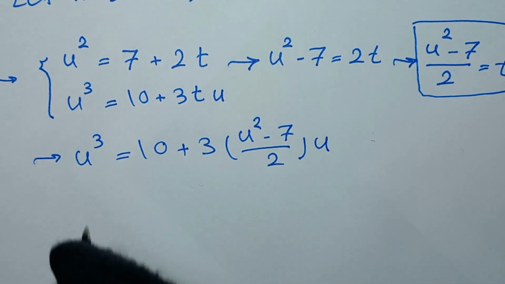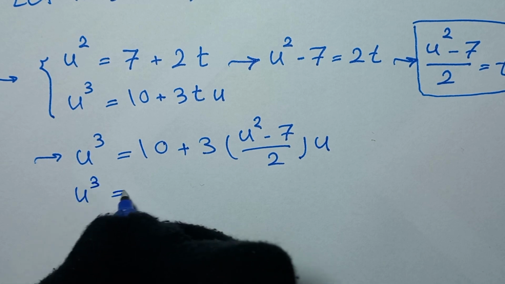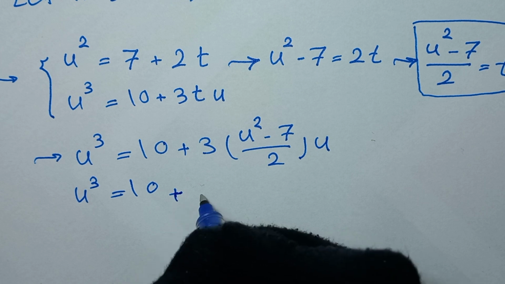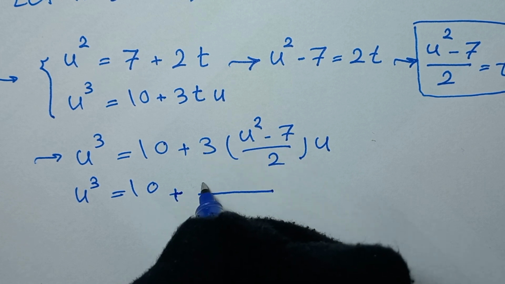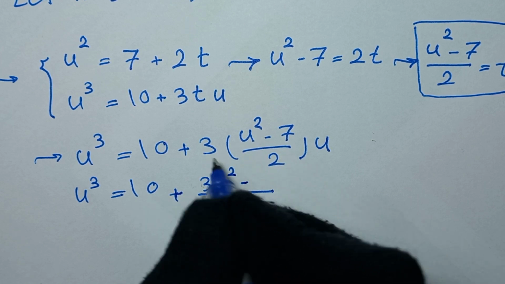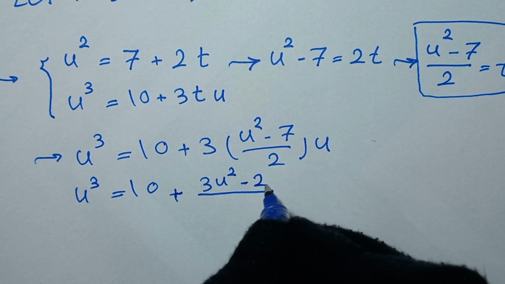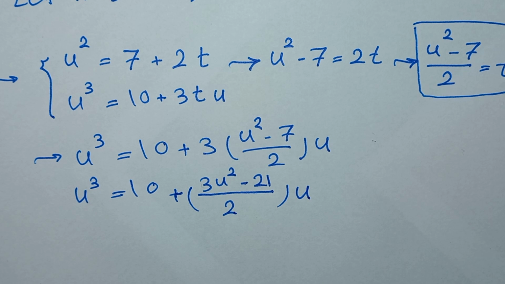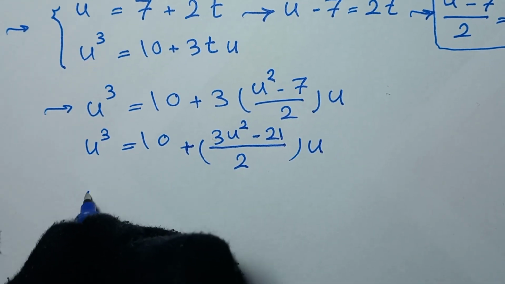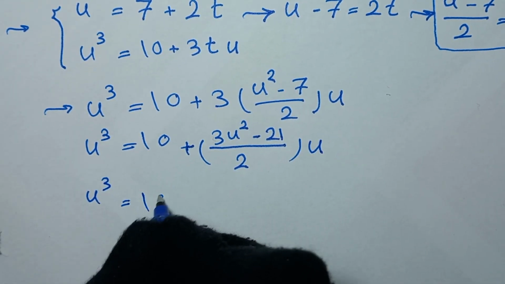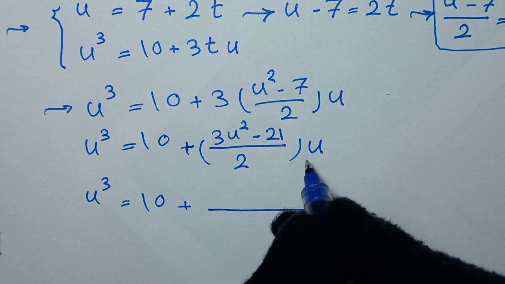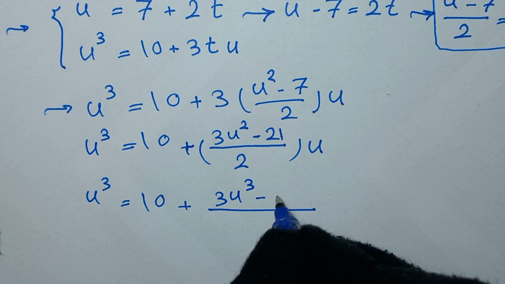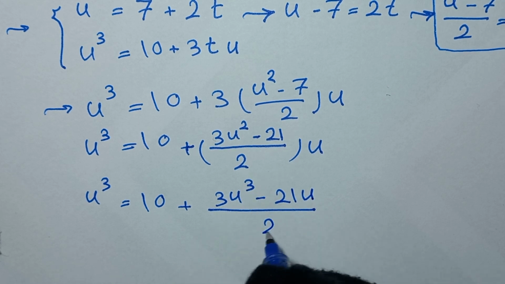And it will be u cubed is equal to 10 plus 3 times u squared, it will be 3u squared, and minus 3 times 7, it will be 21, over 2, and times u. And it will be u cubed is equal to 10 plus u times 3u squared, it will be 3u cubed minus 21u over 2.